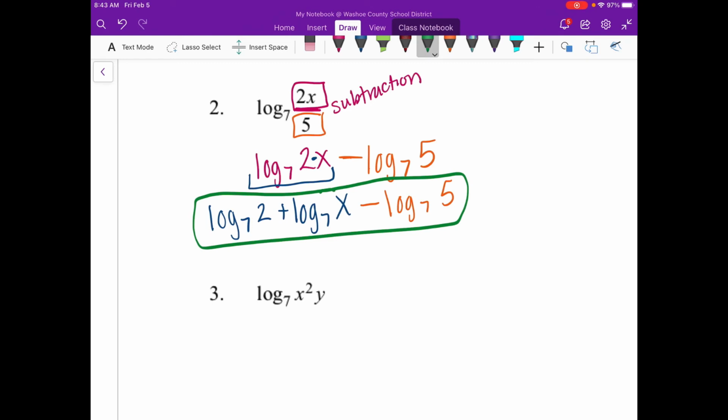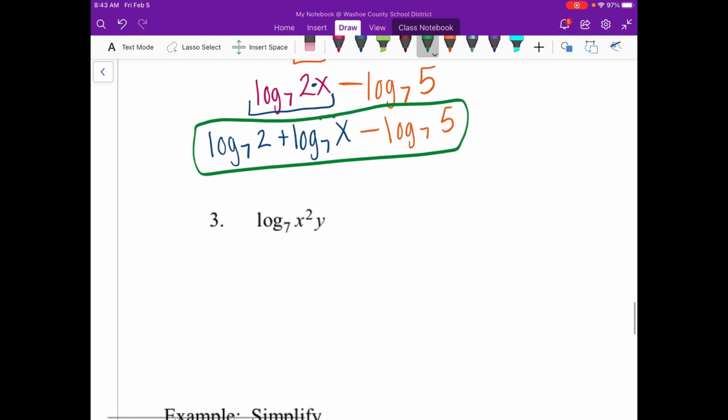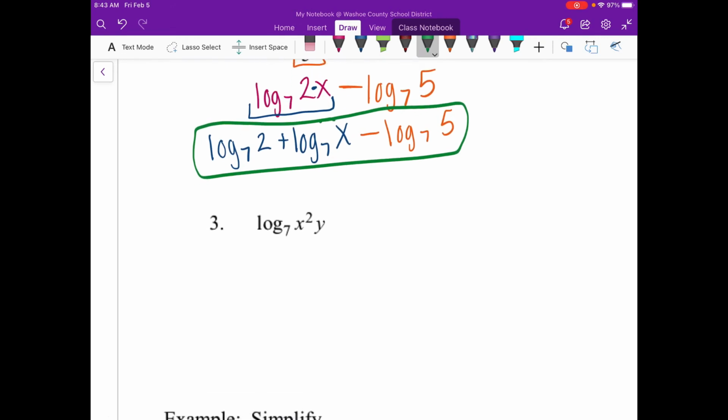And then one more for this expanding practice. Taking it one at a time, I have log base 7 of all this. I'm going to split this up into just x squared times y for now. So this first term becomes log base 7 of x squared.